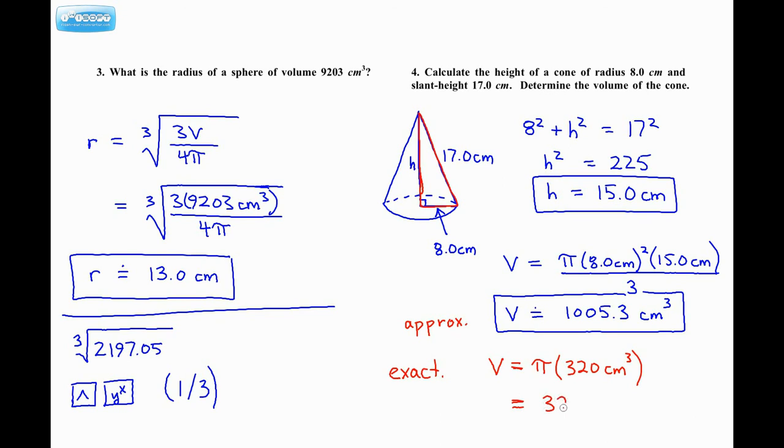So I would say 320 pi, and then my units are cubic centimeters. So I'll put that here. That is the exact form for the volume of this cone. And you can also check it. What's 320 times pi in my calculator? And I get this back. So this is approximate. This is exact.